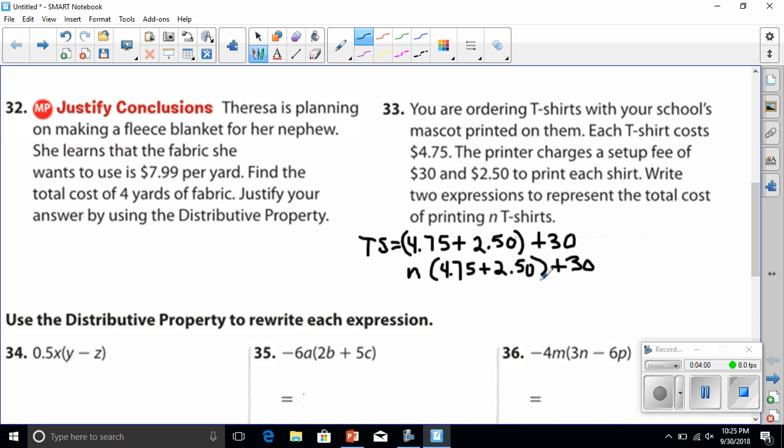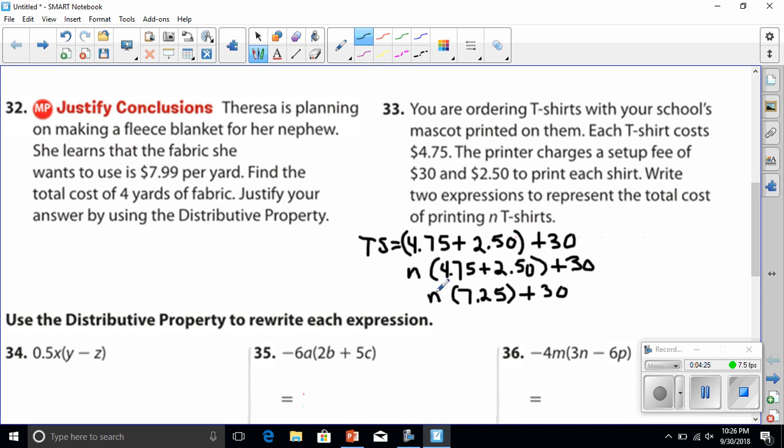If I was going to rewrite this in a different way, I could say, well, I can combine what's inside my parentheses because they're both like terms, they're both numbers. This is going to equal, looks like 7.25. So that's going to be n times 7.25 plus 30.